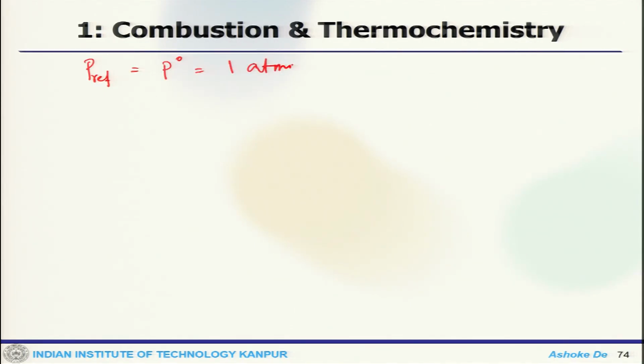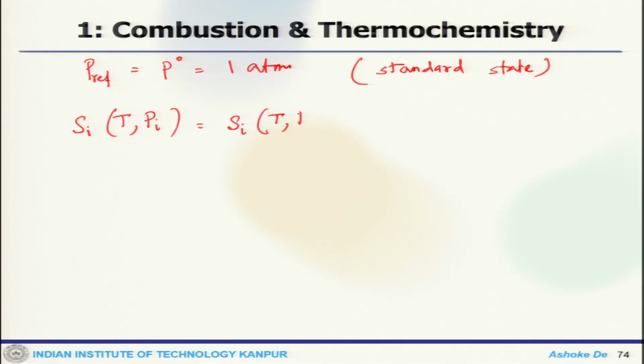You take that as the reference state, and you calculate Si for a particular partial pressure Pi, which will be Si at T for the reference pressure minus R ln Pi by P reference.